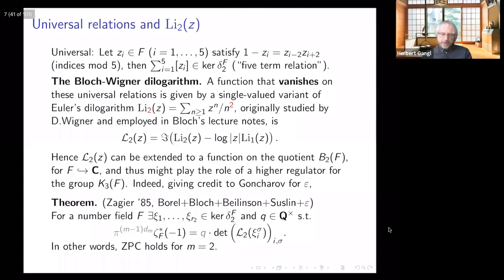And overall, we can say Zagier's polylog conjecture holds for n equals 2.